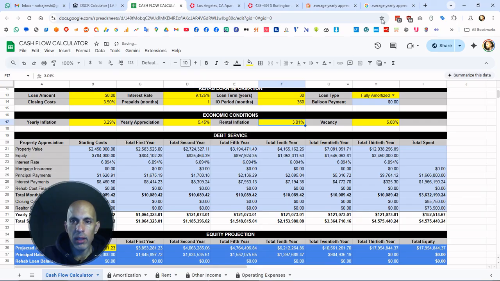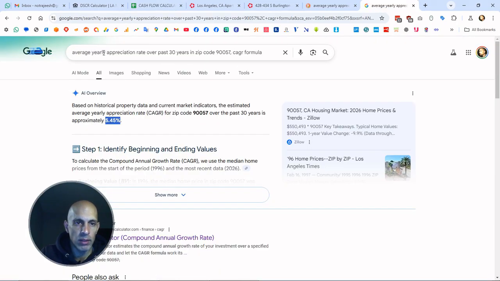Now we'll look up rental inflation, average yearly rental inflation.